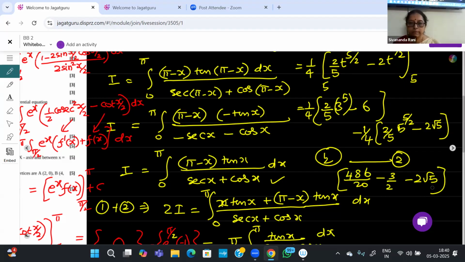Very good. But I took root of 2x plus 1 as t and it. Root of 2x plus 1 as t. Okay. Yeah. That's also a good idea.